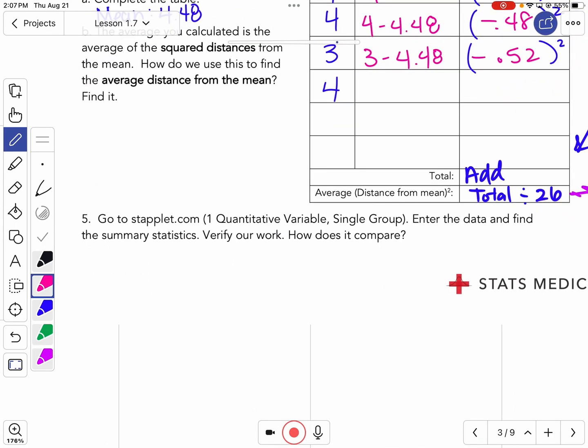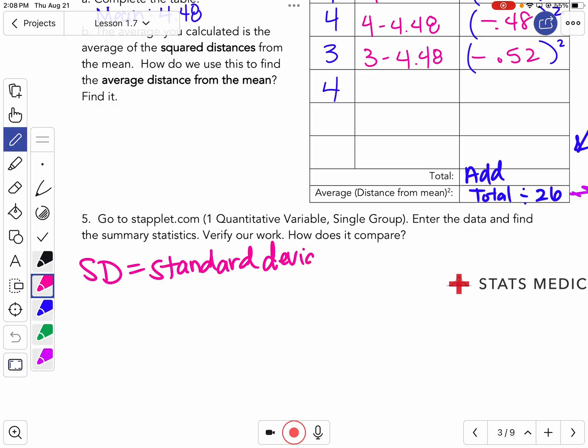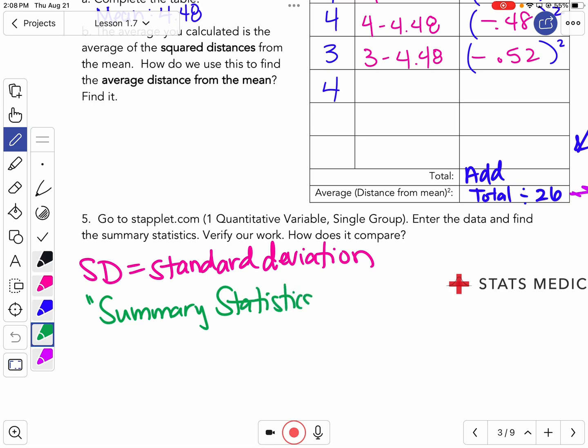So make yourself a note down here. SD equals standard deviation. We're going to get it straight from our summary statistics, okay? It is SD in our summary statistics box. That is standard deviation, okay?